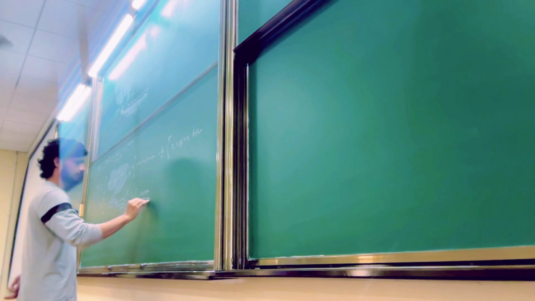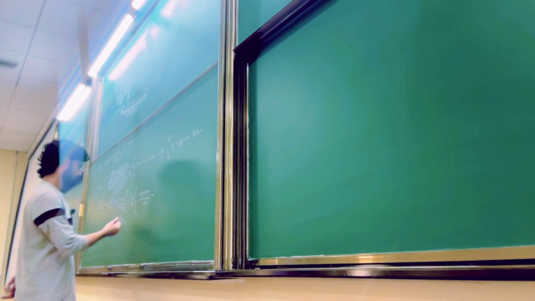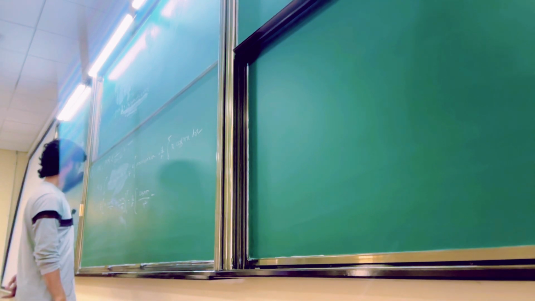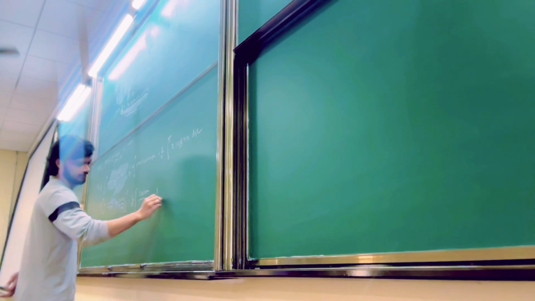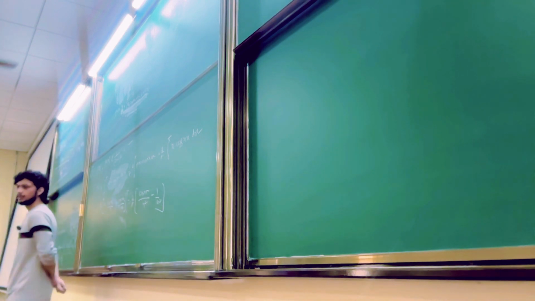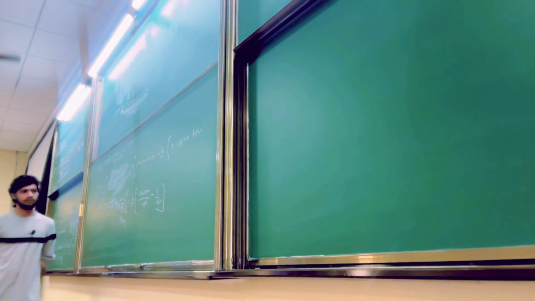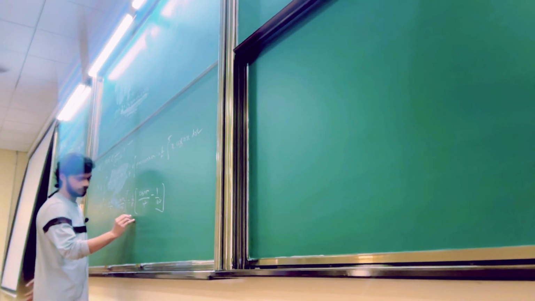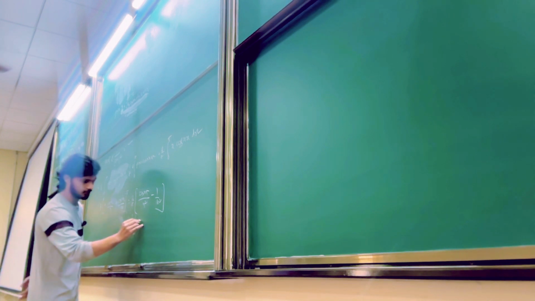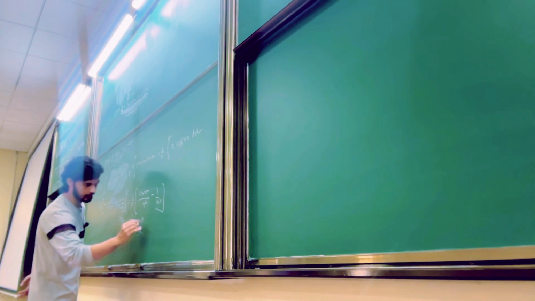This is a very easy thing, that's why I'm not telling you, because you are very talented. 2 upon pi, cos n pi by n square minus 1, and cos n pi is actually minus 1 raised to power n upon n square.